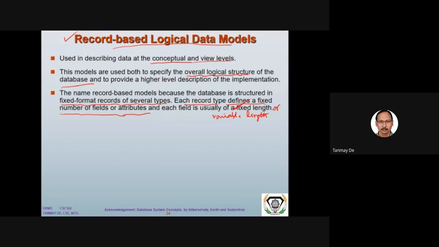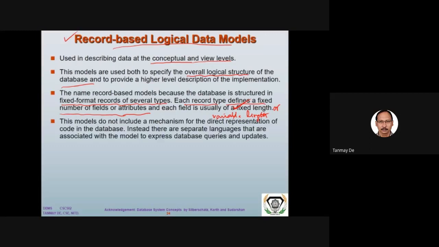And this record-based logical data model does not include any mechanism for direct representation of the code. That is, to represent the code, it is not inbuilt with the database. Instead, there is a separate language associated with the model to express the database query and updates. Is it clear?